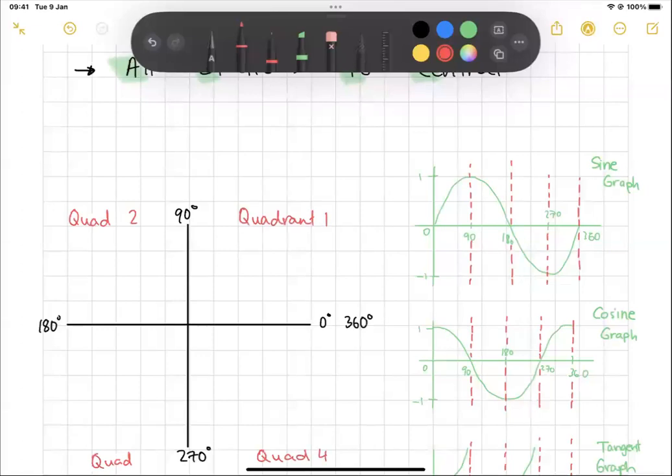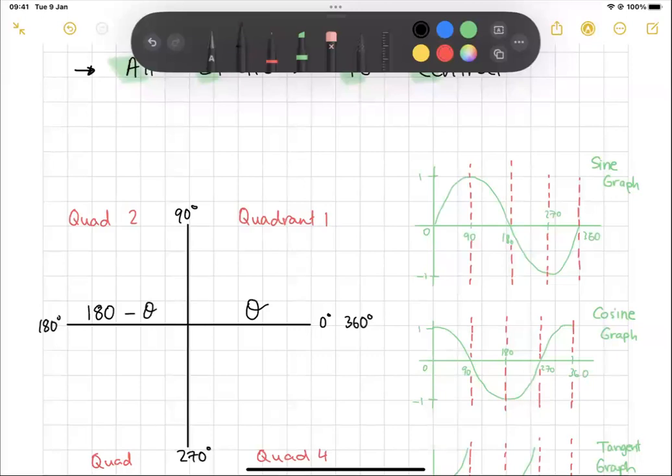So these four quads would have something that would represent them. First off, in the first quadrant, this would be represented as just theta. Then from 90 to 180 degrees, to find an angle in this second quadrant, what I need to do is 180 minus my theta.